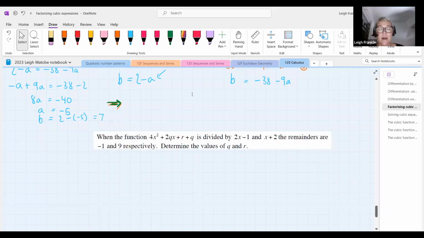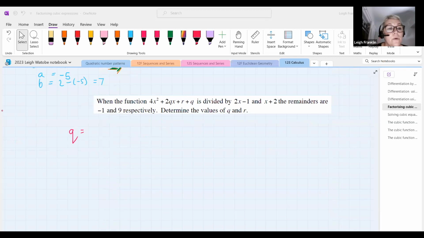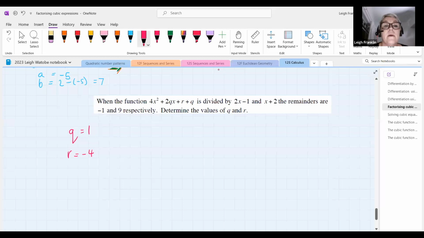Anybody that didn't get that? Okay, so I'm going to leave that as something that you guys can try. So Q is 1 and R is -4. You've got that. Okay, all right.